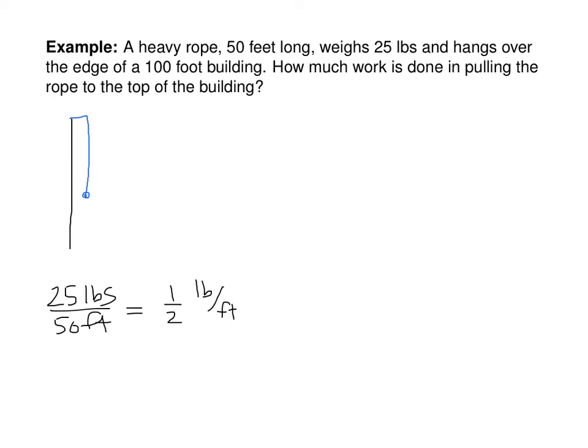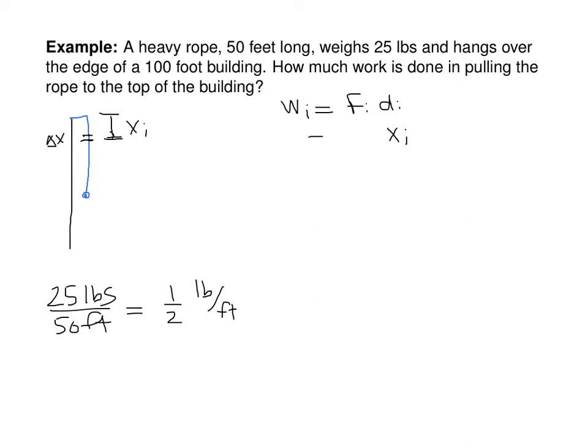Now we slice the rope into little pieces, a common technique in calculus. We're going to compute the work to lift up that little slice. So it's the force times the distance. That distance down, we call x sub i. Now the force on that slice is the pounds: it's 1/2 a pound per foot, and the width of my slice is delta x feet.